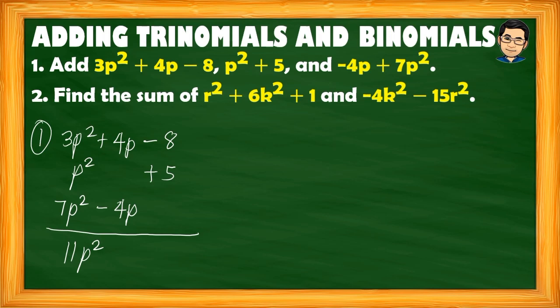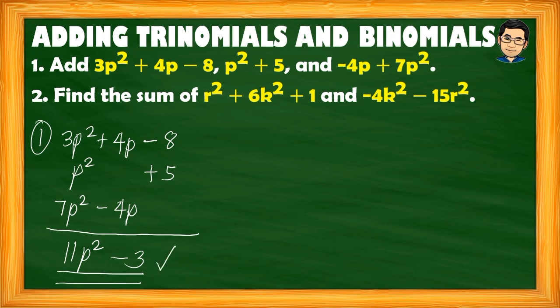So, pareho po sila ng term, magkaiba po ng sign. So, the answer is 0. So, ibig sabihin po, itong second term natin is makakancel out. And then, proceed to the next term. So, negative 8 plus 5, that is negative 3. So, our final answer will be 11p squared minus 3.